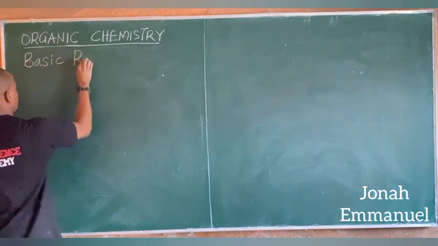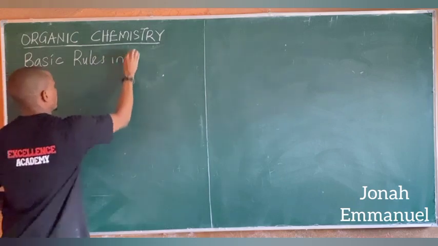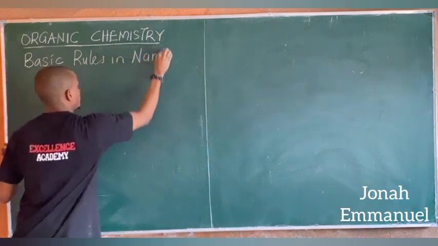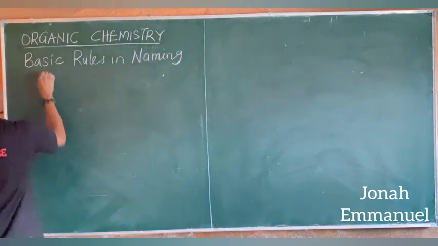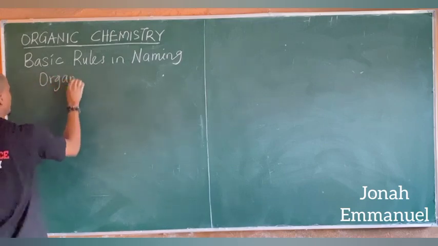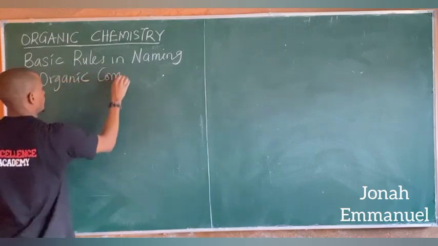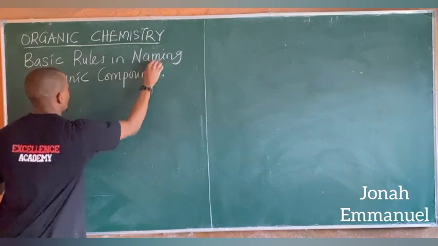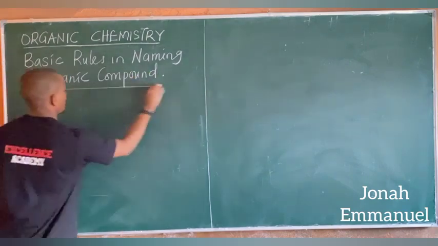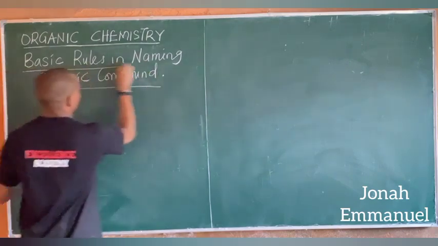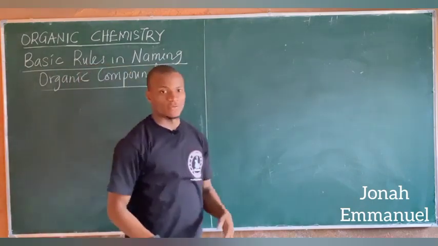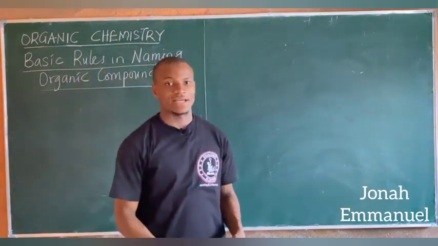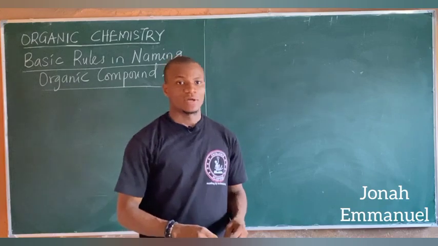There are actually 6 major rules in naming any organic compound, but for this class, we'll look at just the first three basic rules, and then in the next class, we'll look at the next three rules.